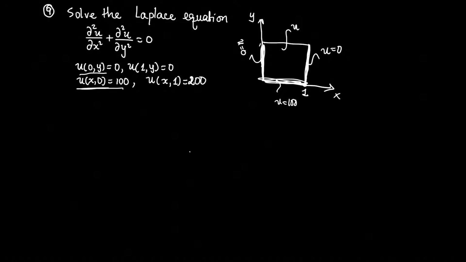And for any X when Y equal to 1, you have U equal to 200. So you want to solve how the temperature is going to change on the rectangular plate.